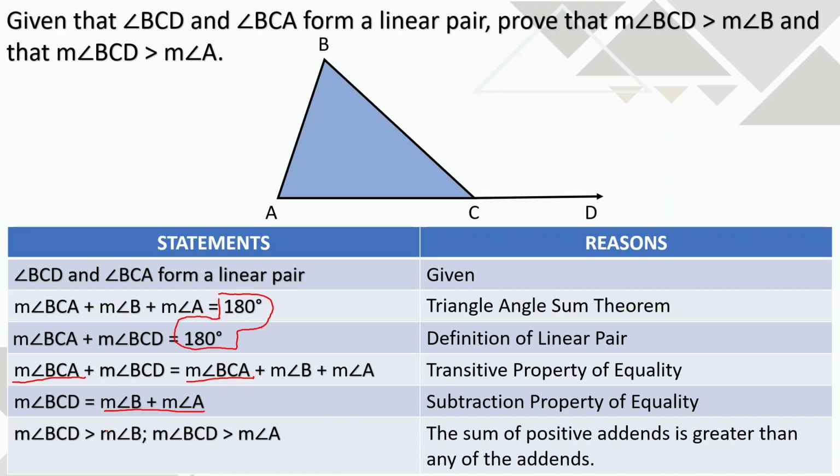Okay? So, that completes our two-column method for proving that measure of angle BCD is greater than measure of angle B, and that measure of angle BCD is greater than measure of angle A. So that is for our example.